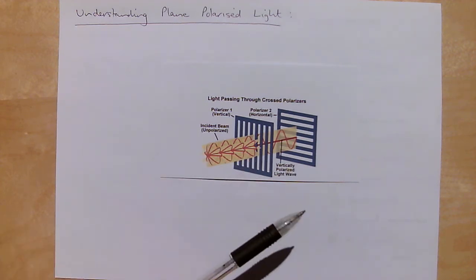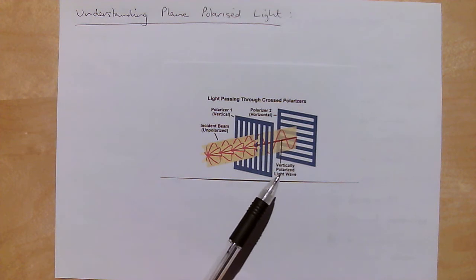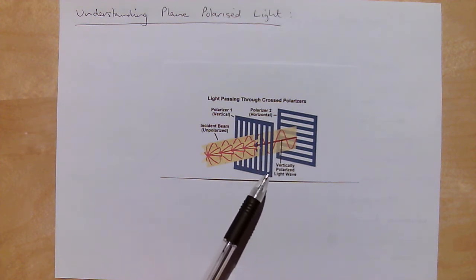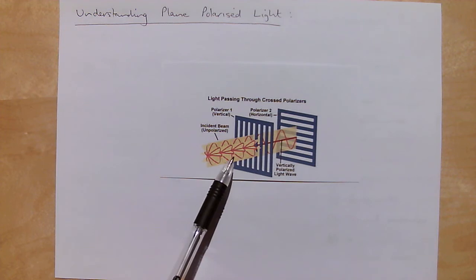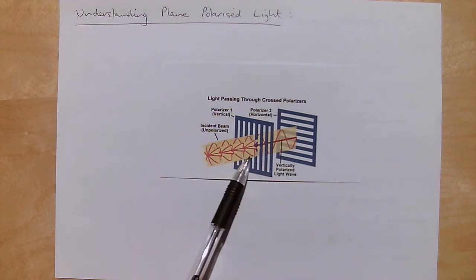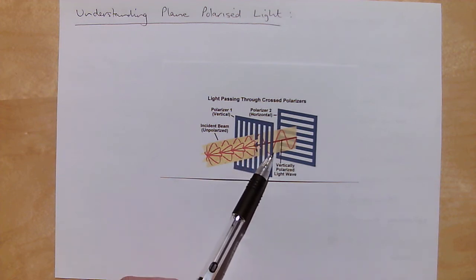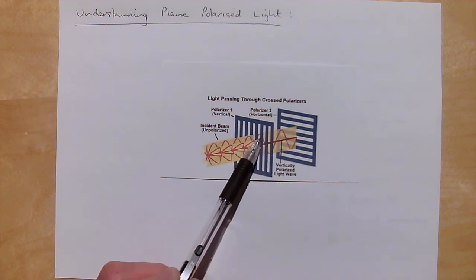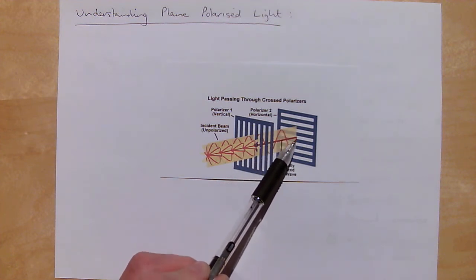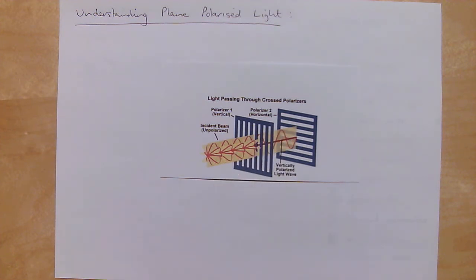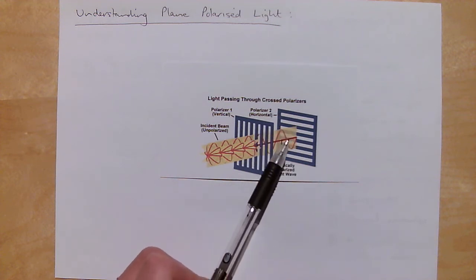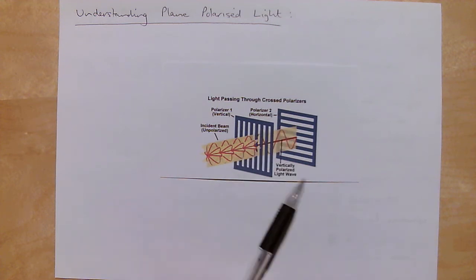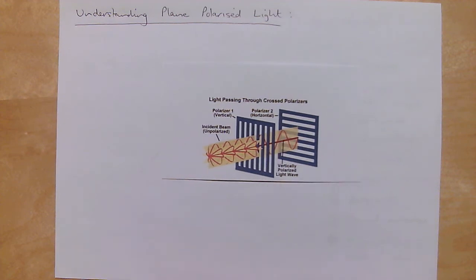To find out whether a compound is optically active, we need to create some plane polarized light. What we have to do is separate out all these different transverse waves in different planes, so that we end up with plane polarized light, which is this wave here, a transverse wave vibrating in one plane only. So that's what plane polarized light is: a single transverse wave vibrating in one plane.